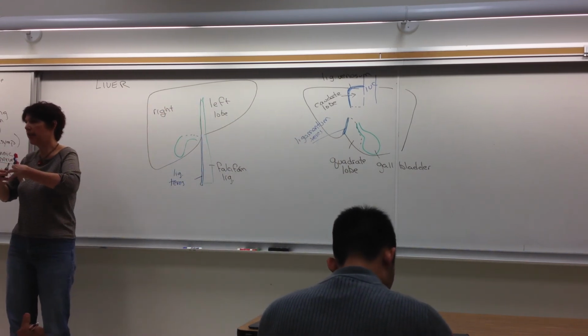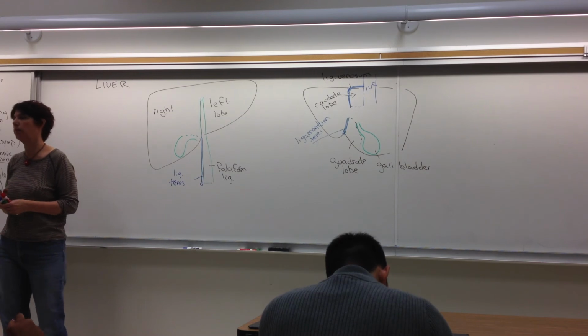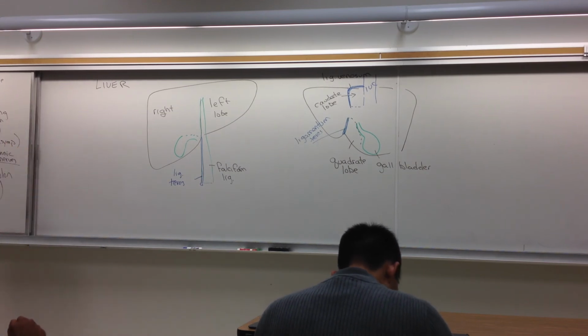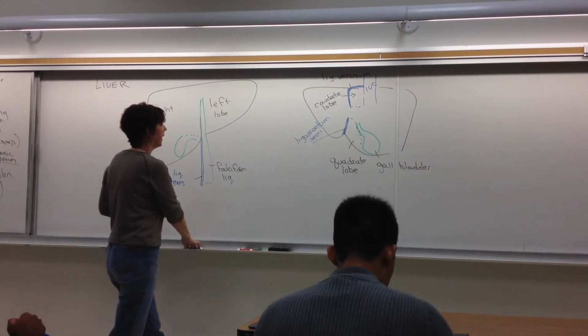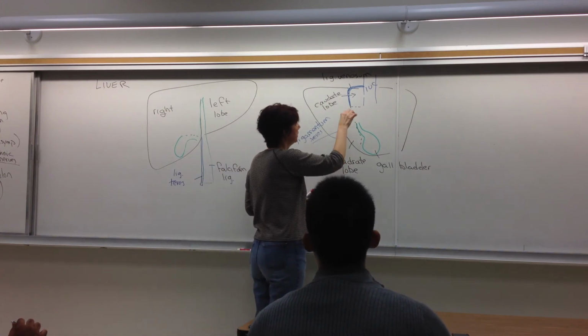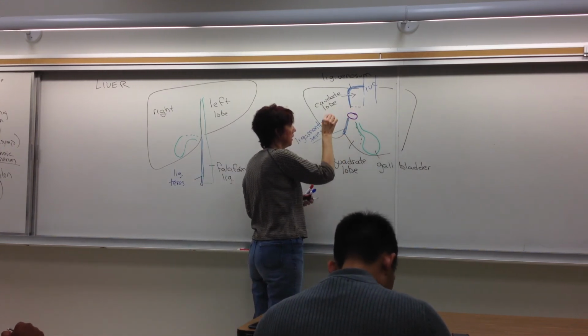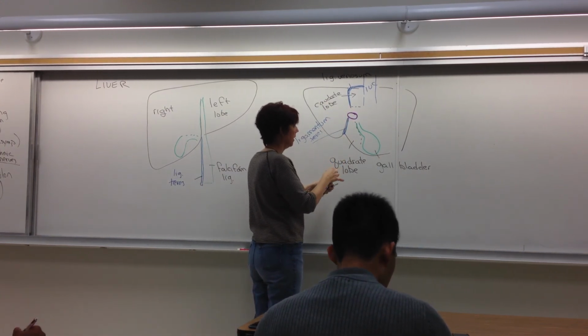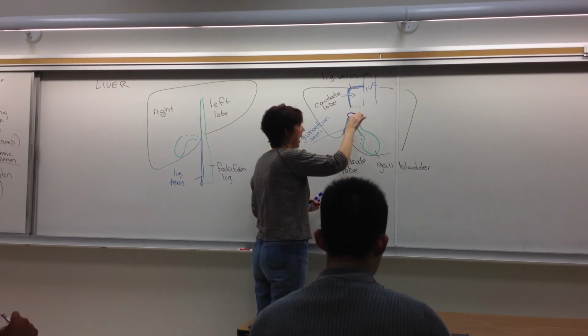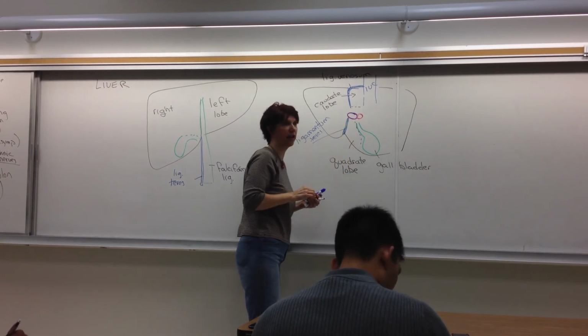Now, in the center there, where we see the gallbladder, we also see where the portal vein enters into the liver and the hepatic artery.